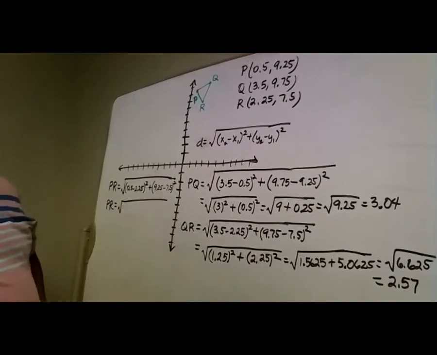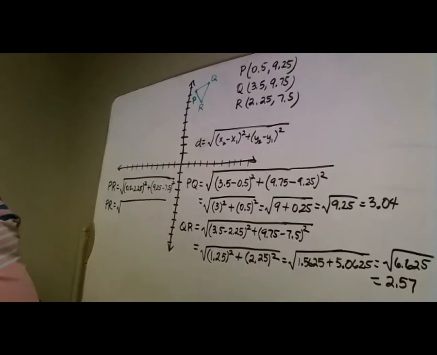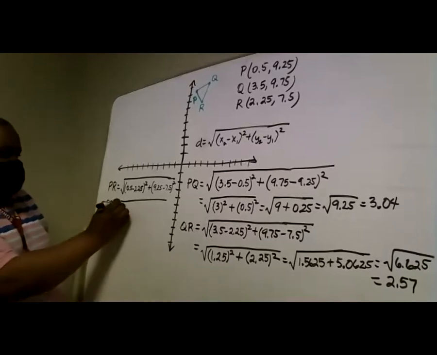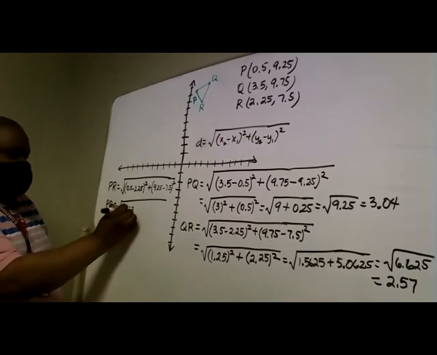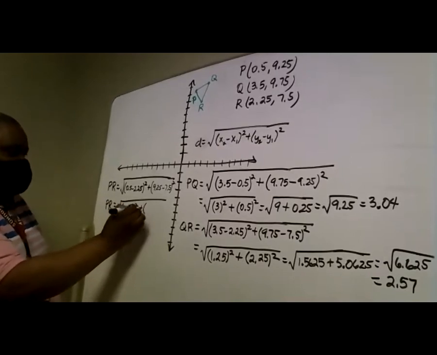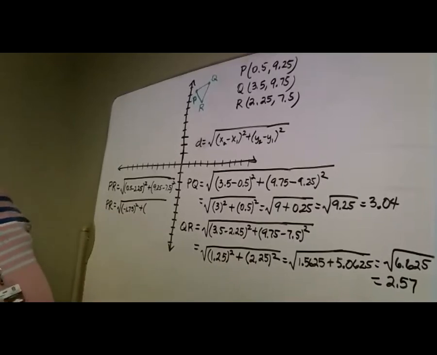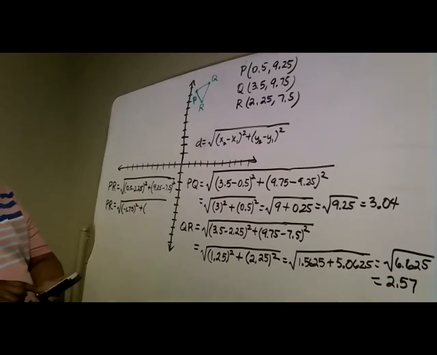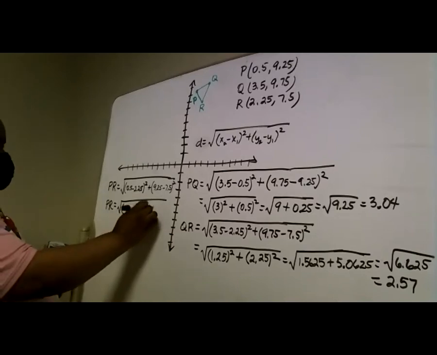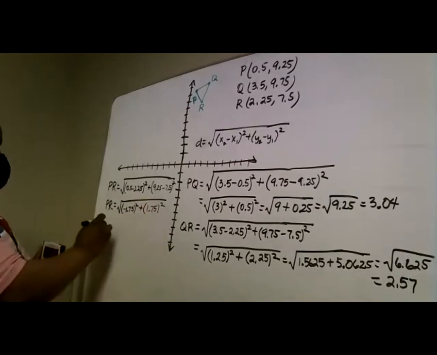So 0.5 minus 2.25 is negative 1.75, that's squared, and 9.25 minus 7.5 is 1.75, and that's squared.